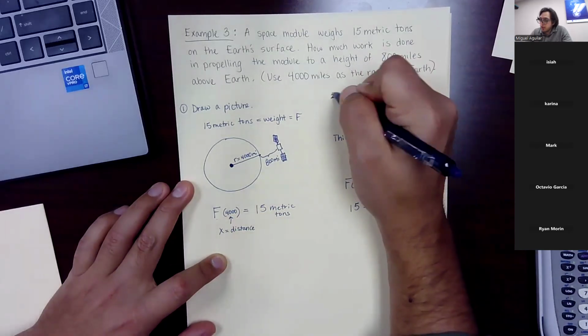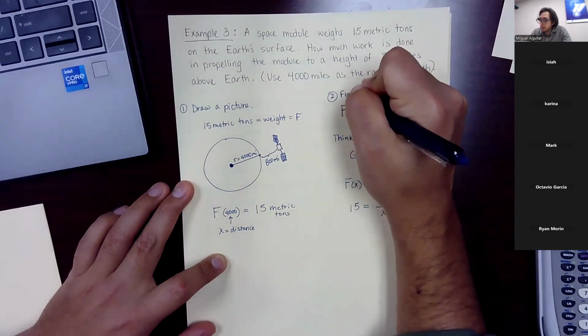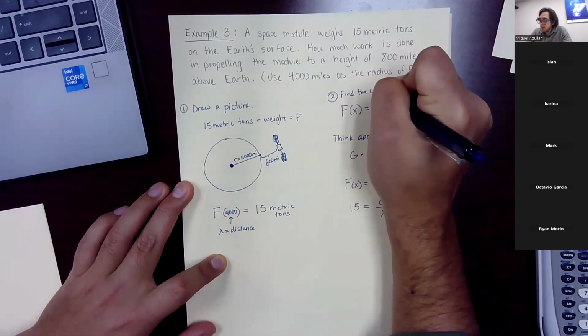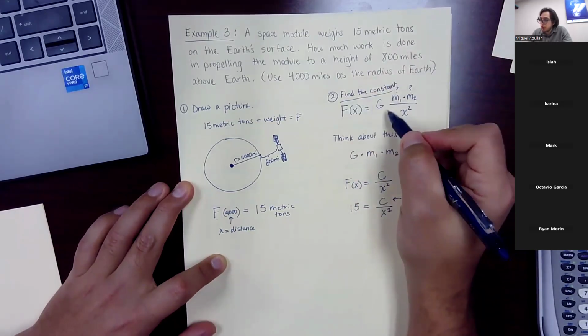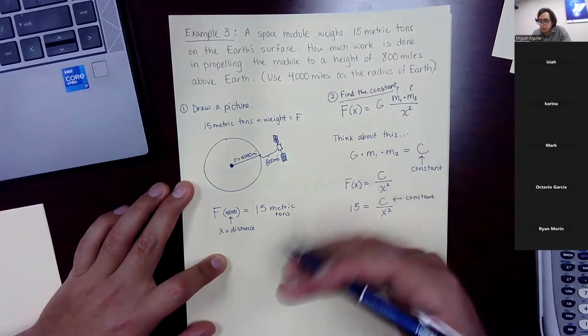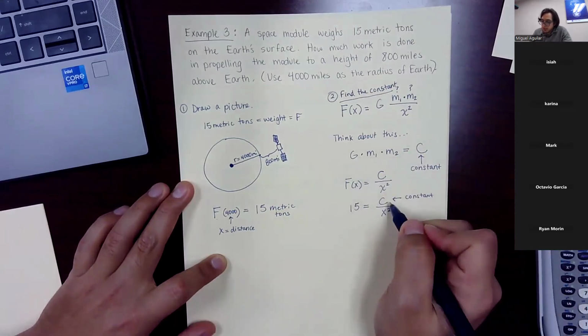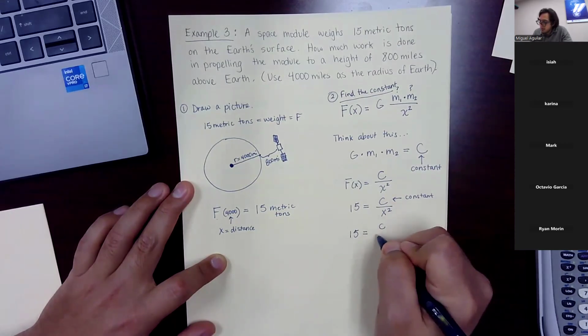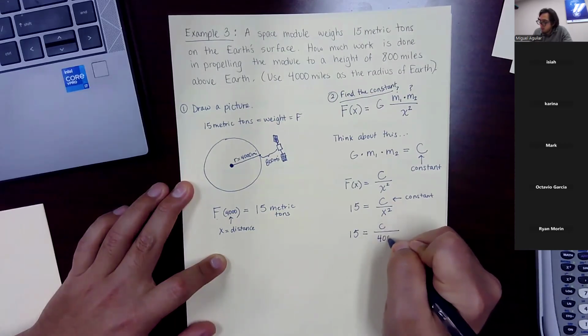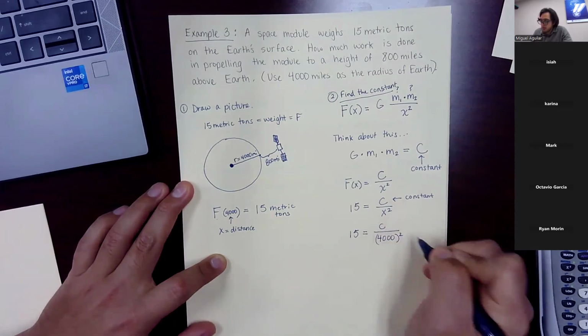So over here, we're doing step 2 where we're trying to find that constant. In this case, we're calling it c instead of this complicated thing G times m1 times m2. We're just calling it c. Okay. So over here, we can say 15 is equal to some constant over 4,000 squared.